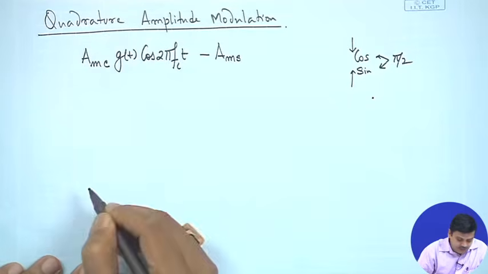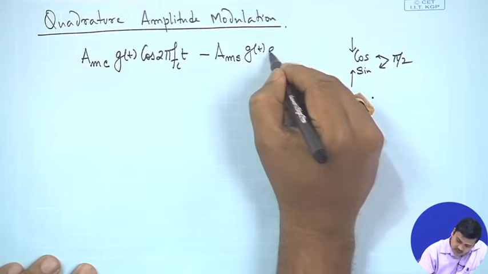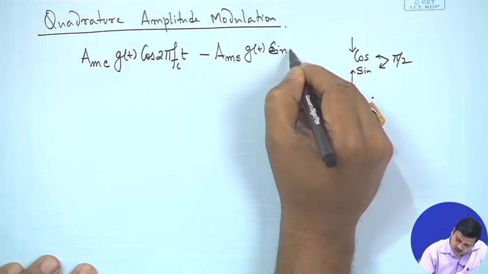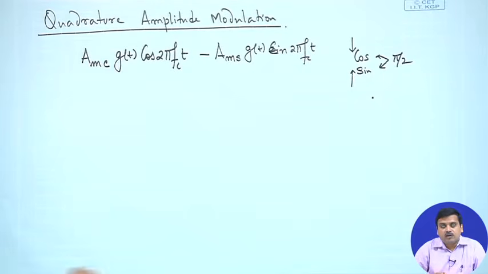That is why we have s(t) = A_mc g(t) cos 2 pi f_c t minus A_ms g(t) sin 2 pi f_c t. You might recall a similarity with the expression of the low pass equivalent form that we had arrived at initially. There we also had x cos 2 pi f_c t minus y sin 2 pi f_c t.